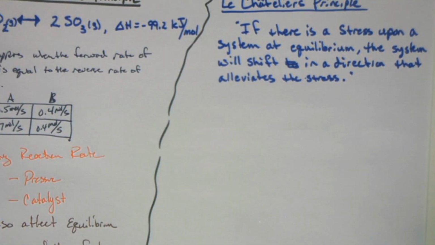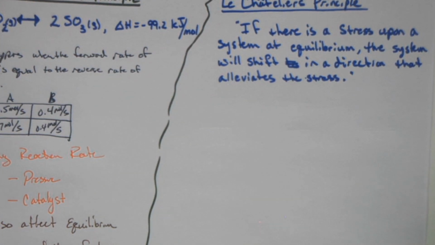If there is a stress upon a system at equilibrium, the system will shift in a direction that alleviates the stress. All right? Le Chatelier is a jerk. If you are trying to do something to your chemical system, Le Chatelier will do what it can to undo what you have done.